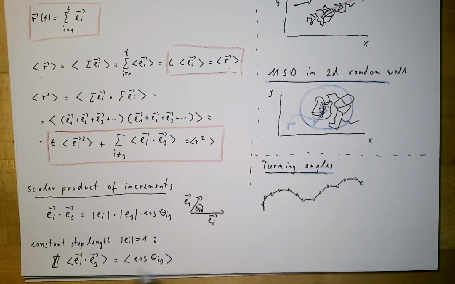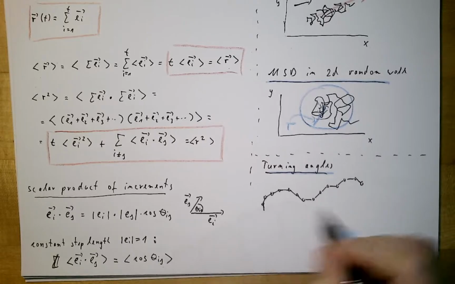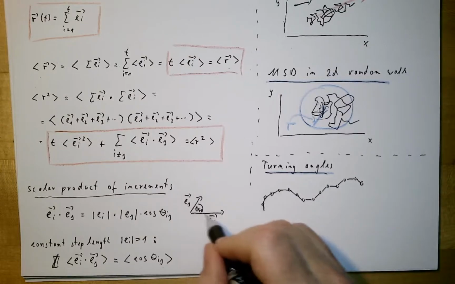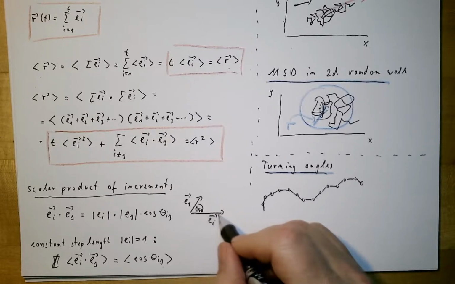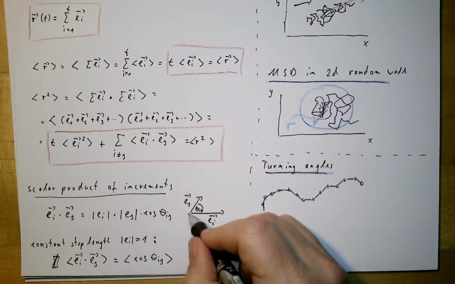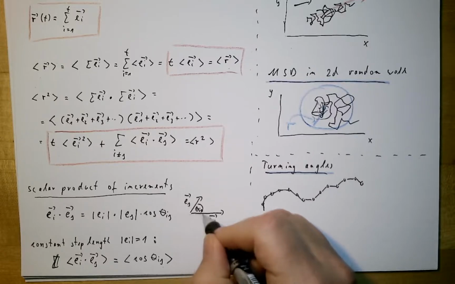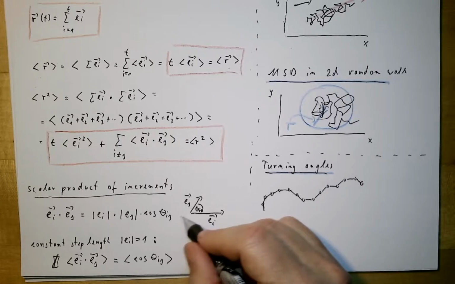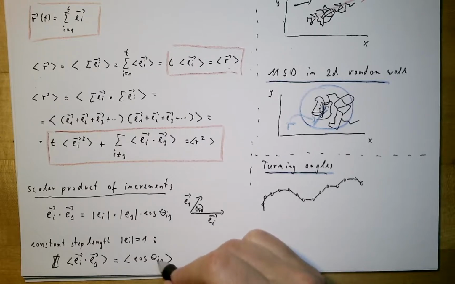So why is this a memory? You know, the cosine is maximal at 1 if the turning angle is 0. So if we have two steps which go in the same direction, so both increments are in the same direction, then theta is 0 and we have a strong contribution. If theta is 180 degrees and e_j goes in the opposite direction than e_i, then the cosine is -1, and we have a negative contribution.